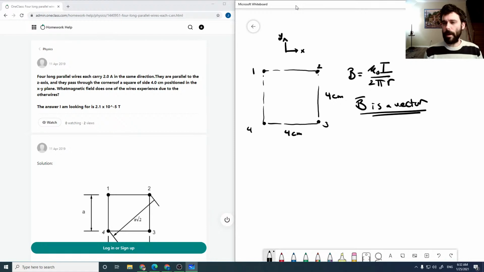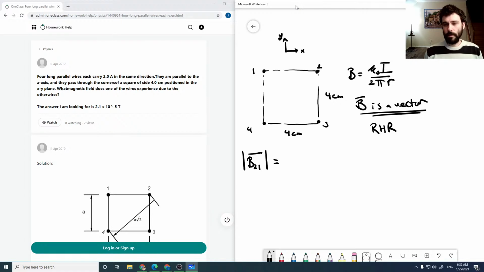So this gives us our magnitude, but we also need our direction. And our direction comes from our right-hand rule. So we're going to focus just on the 1 wire and get the B field due to 2, 3, and 4 on 1.